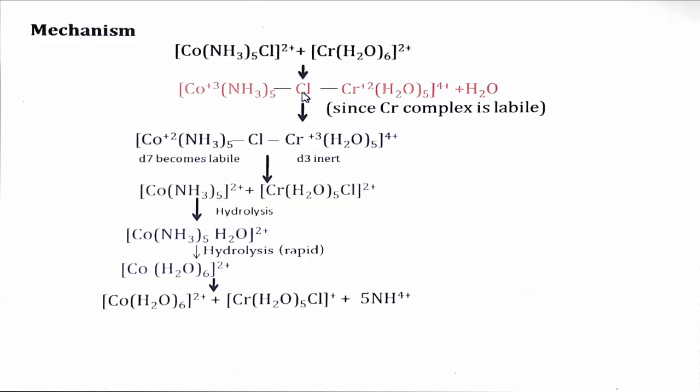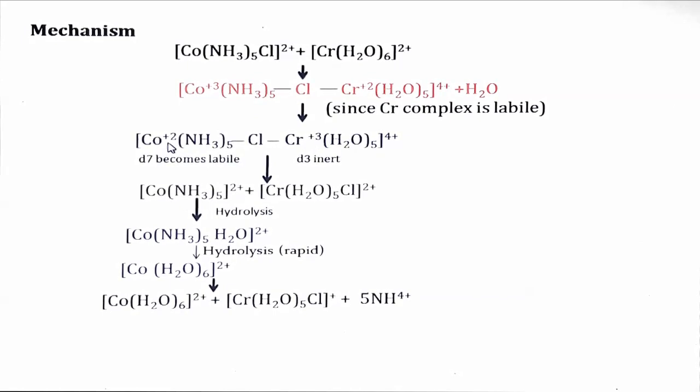Cl is acting as the bridge. Now, since this complex is labile and unstable, one H2O molecule will be removed. Due to the formation of this bridge, the oxidation states change. Now here it is +2 and the oxidation state of chromium is +3.